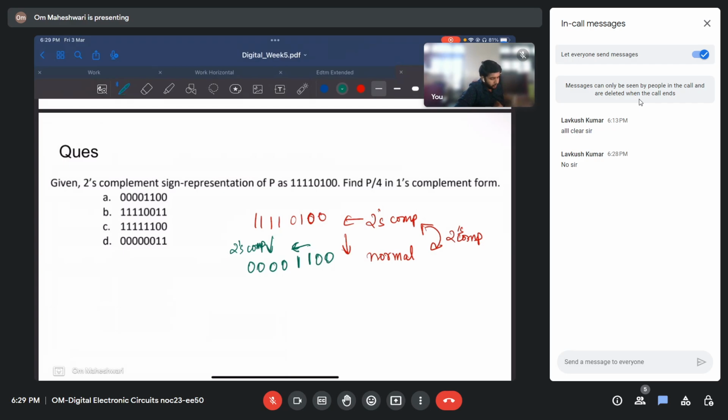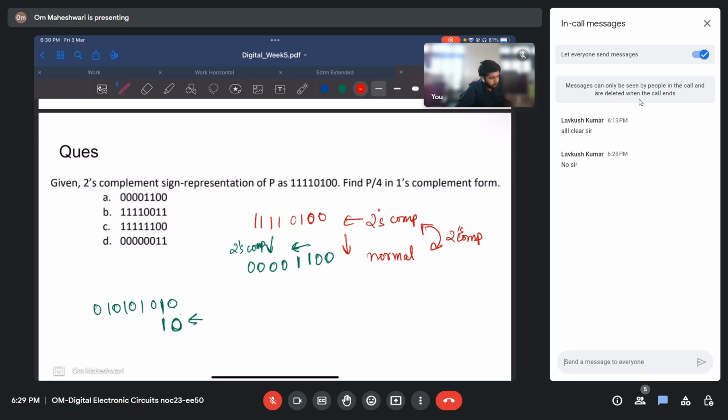So I'll repeat, how do we write 2's complement of any number? Let's say we have 0, 1, 0, 1, 0, 1, 0, 1, 0. So we start from this side. If we see a 0, write it as it is. If we see a 1, write it as it is.